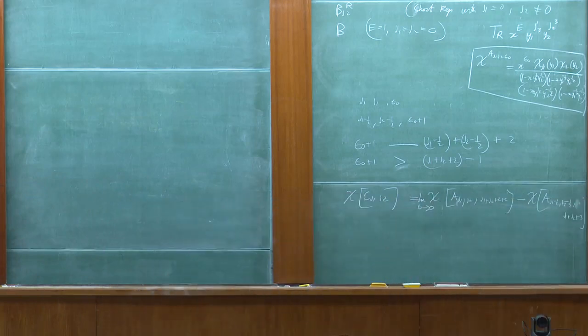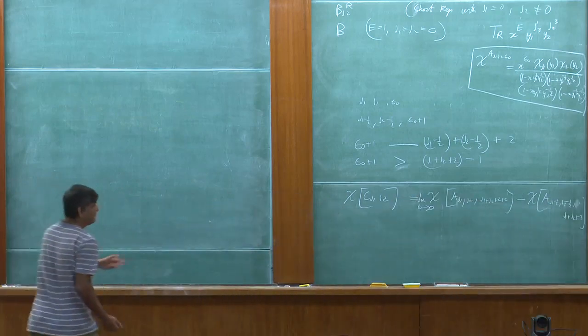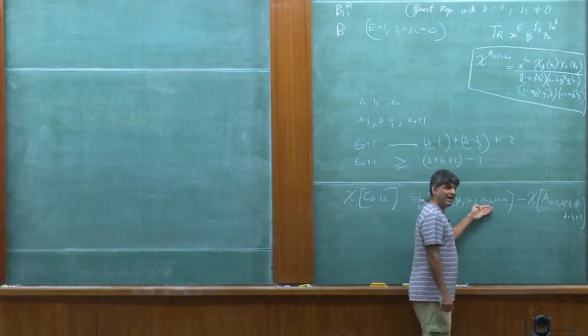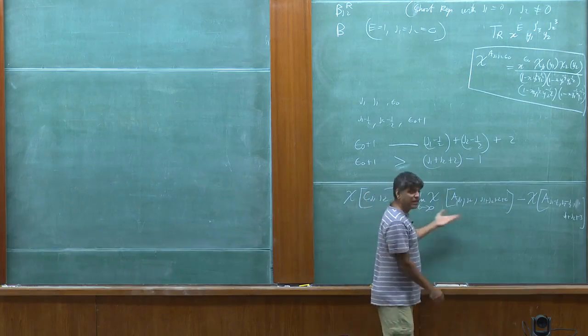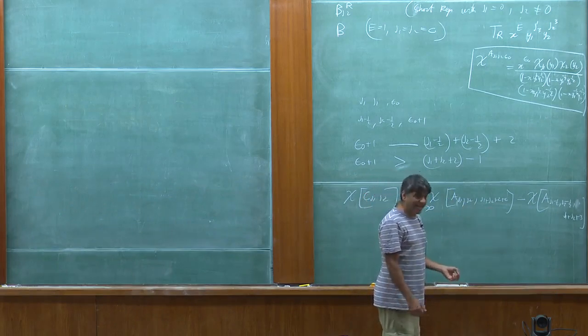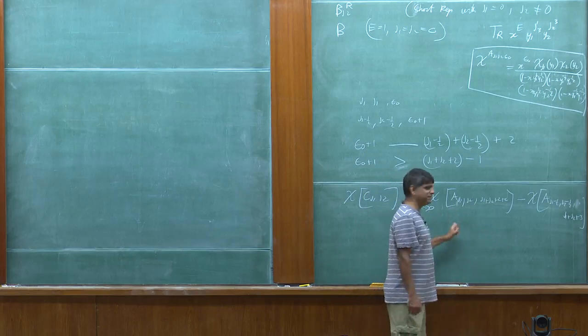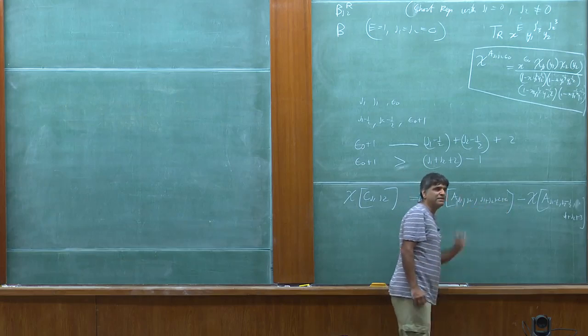What is the first term on the right hand side? It's simply the character of the state of the primary with these quantum numbers, pretending that it was long. There aren't really long representations when epsilon is 0, that's why we have to take this limit.